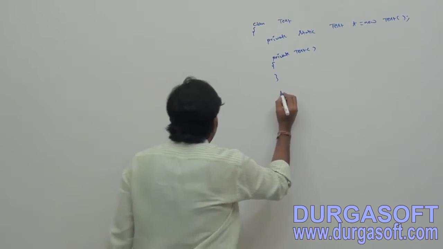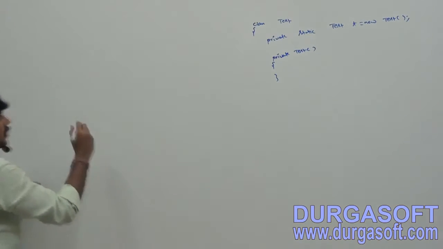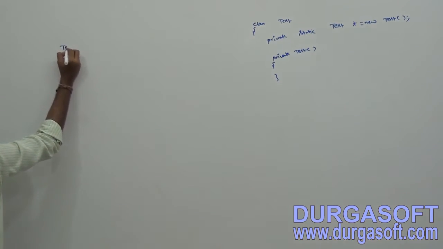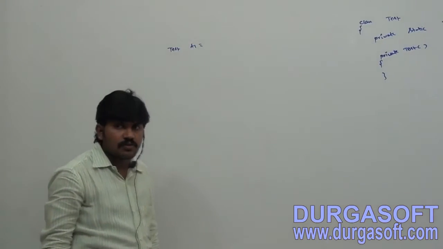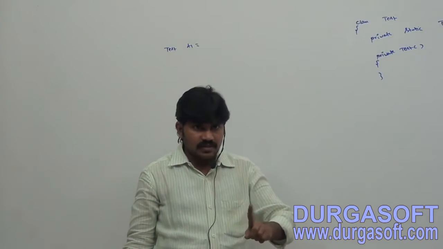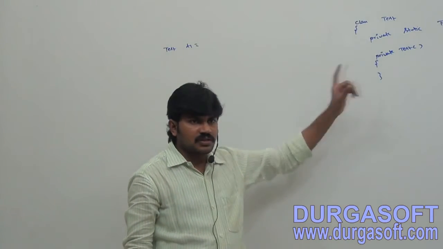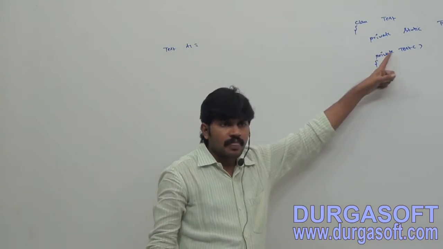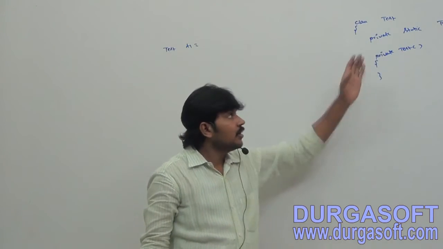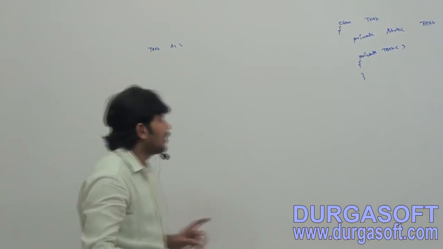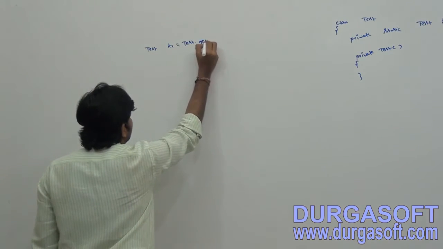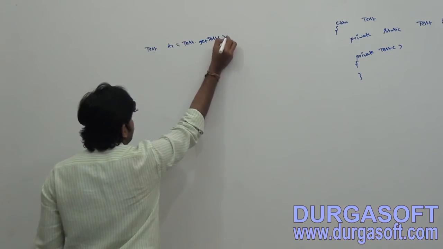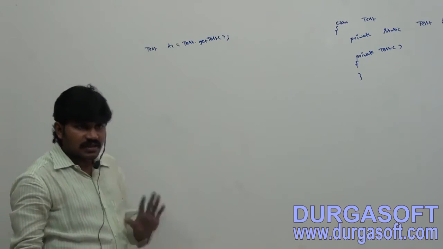Now, how to get a Test object? Sir, I want Test t1 is equal to, we have to use a factory method. We can't create by using new Test, because the constructor is private. If it is private, from outside of the class we can't create. Now, Test t1 is equal to Test.getTest().